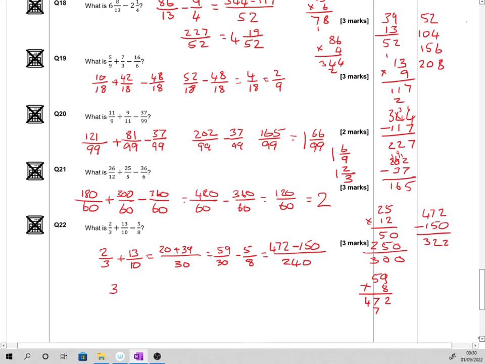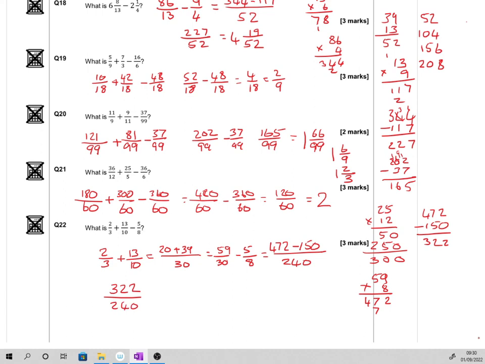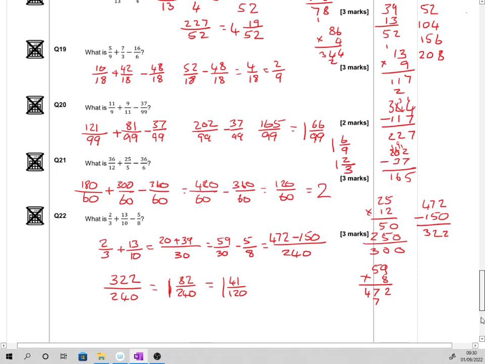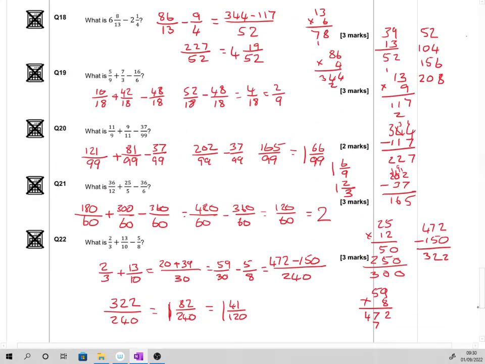So I've got 322 over 240. That's going to be equal to 1 and 82 over 240. Let's simplify that a bit. Divide by 2, which equals 1 and 41 over 120. I don't know if they can make that any smaller. Oh my goodness. My goodness, that's difficult. Okay, so there you go, there's fractions.